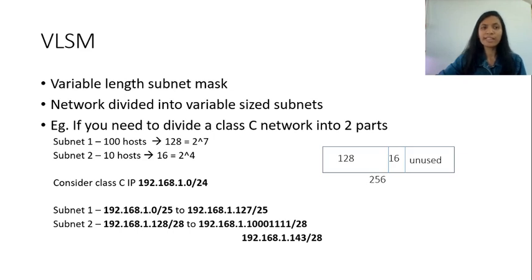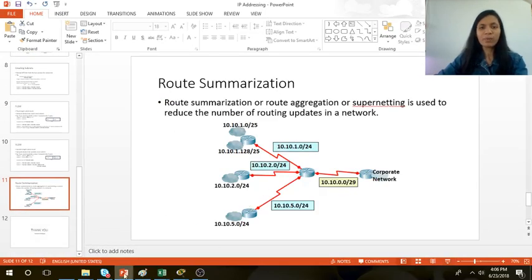Whether you use FLSM or VLSM, for creating subnets you would borrow bits from the host part for representing your network. So we will take one example.